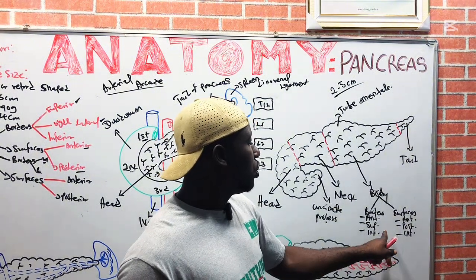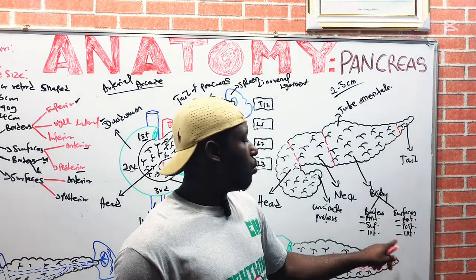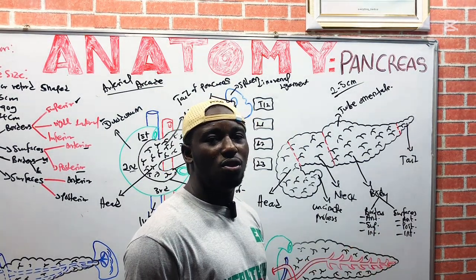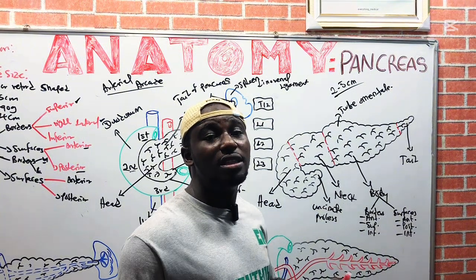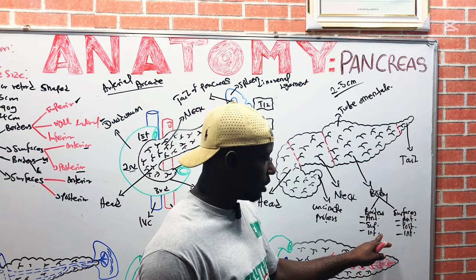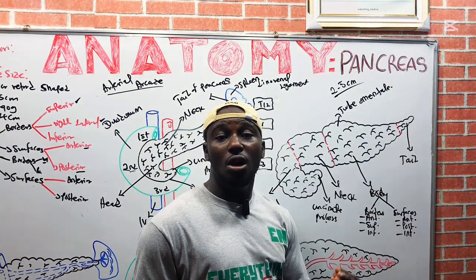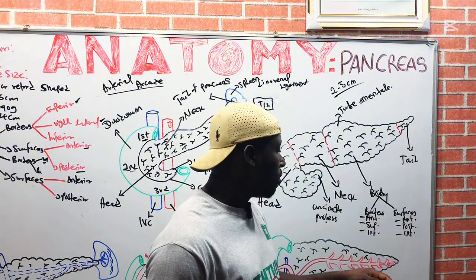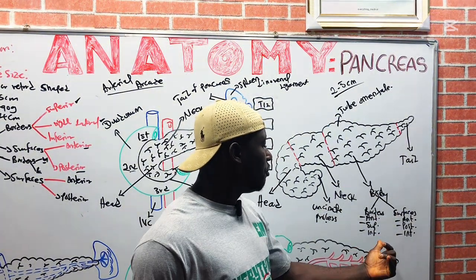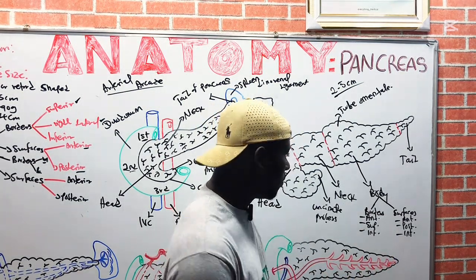The superior border is related to the celiac trunk, while the inferior border is related to the superior mesenteric vessels, right? That is how it works on the borders.